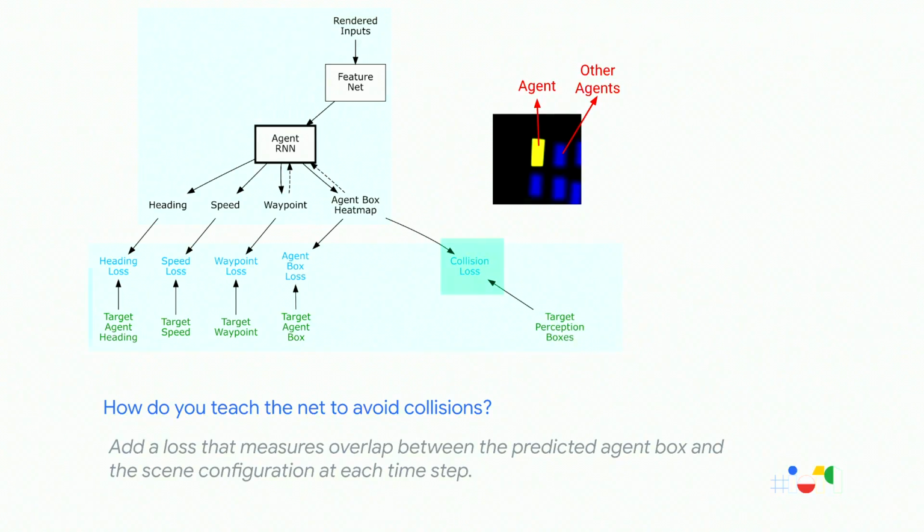If you focus on the inset here, the yellow box is the agent which is predicted at a particular time, and the blue boxes are the bounding boxes of all the other agents in the scene known from ground truth. Now if you overlay these boxes together, you can get a fair idea as to whether the agent has any overlap with the other objects. And if there is an overlap, that should drive a loss function to actually update the model weights to not perform the action that generated this overlap.